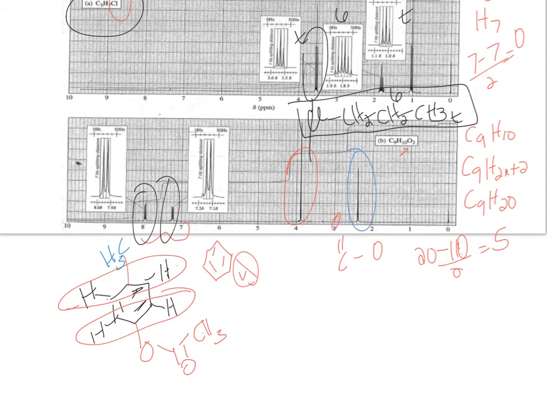So this is our methyl, HA, and that would be benzylic, right? Around 2.3. And then this would be a CH3, which would be a singlet. Then you count it up, 6, 7, 8, 9 carbons. We have 3, 4, 5, 6, 7, 8, 9, 10 hydrogens and 2 oxygens.